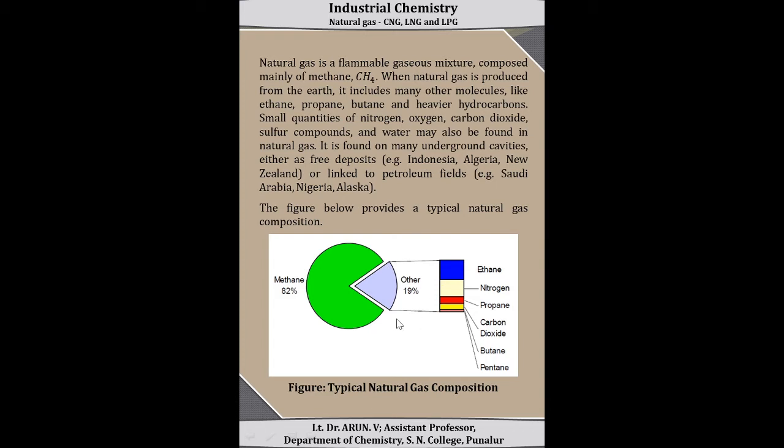This figure shows a typical natural gas composition. Natural gas mainly consists of around 82% methane, and the remaining 18% is other gases, that is ethane, nitrogen, propane, carbon dioxide, butane, pentane and some other rare gases.